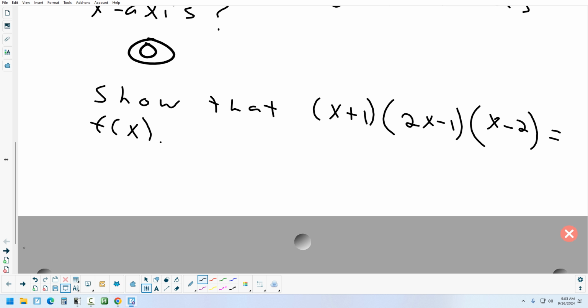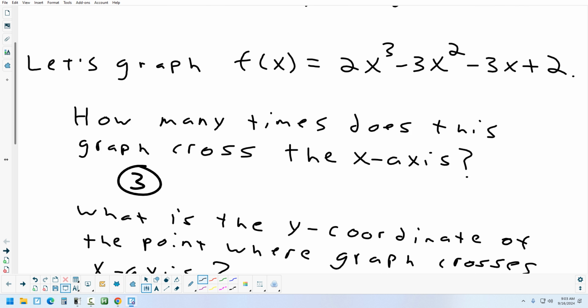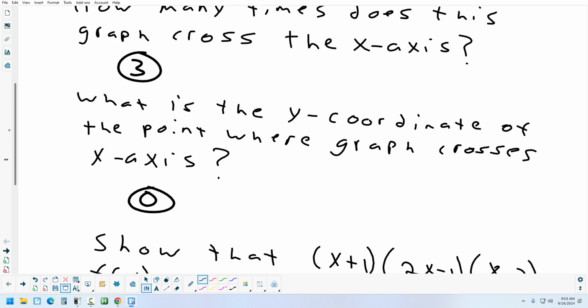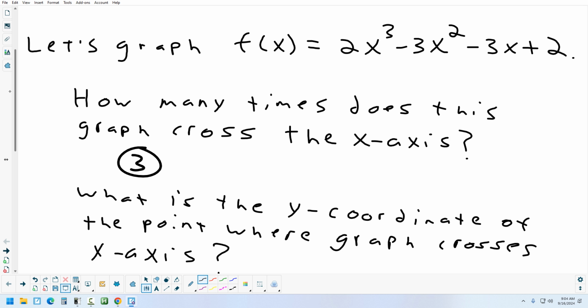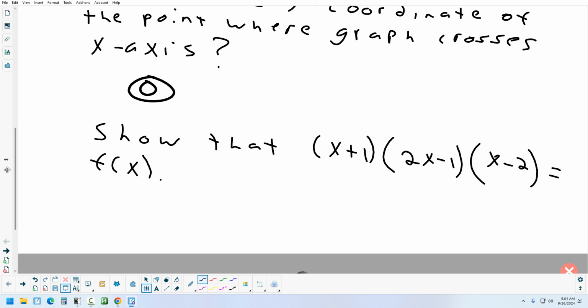Now, the way I can show that that is exactly the same as what I have up above is just FOIL it out. Let's multiply that out. There is an advantage to writing it this way. We'll talk about that in a second. But let's multiply that out and see if we get what's up above. Because there's 3 factors, we're going to multiply the first 2, and then we'll do the other one after.